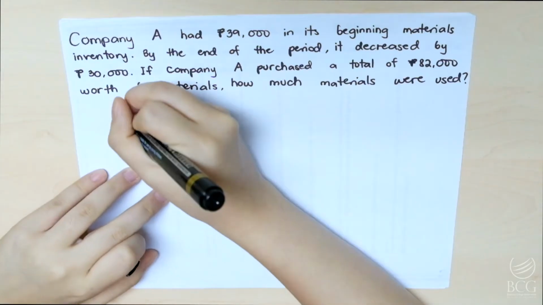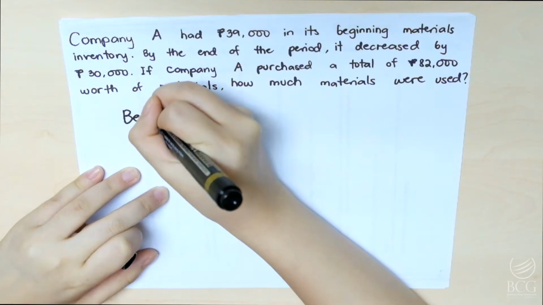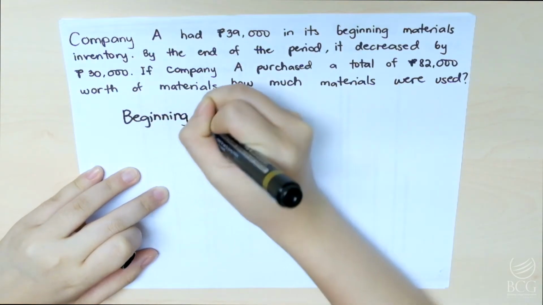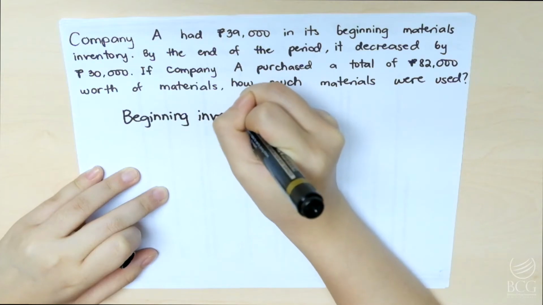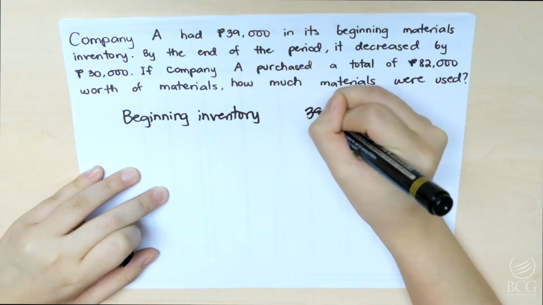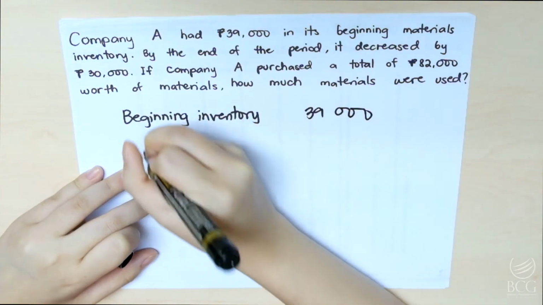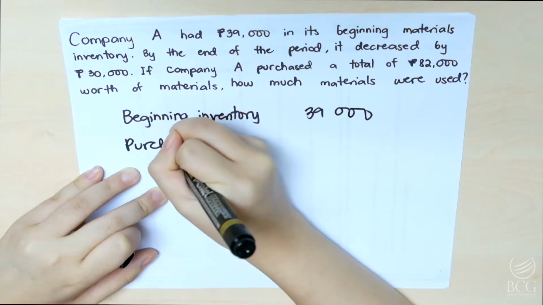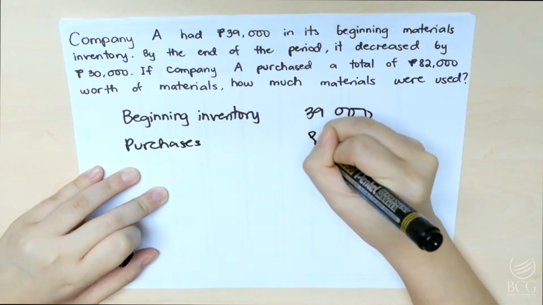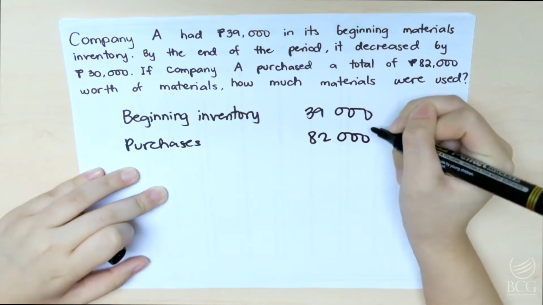So we know that the beginning inventory is 39,000. The purchases are 82,000.